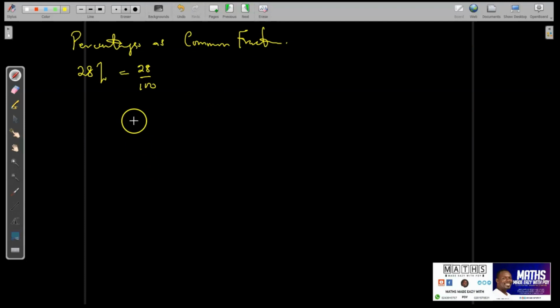Then again, another example: I have 2.35%. What will be the common fraction for it?